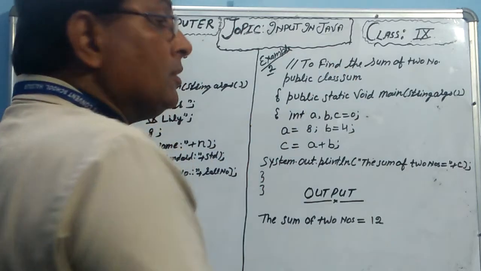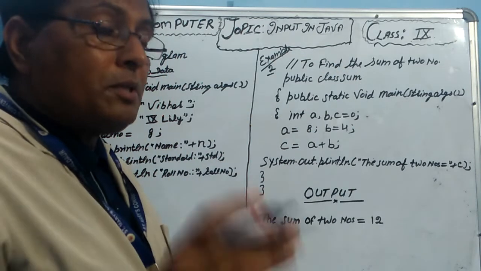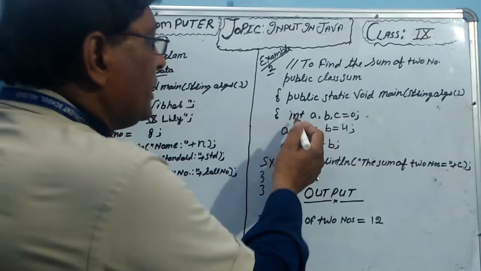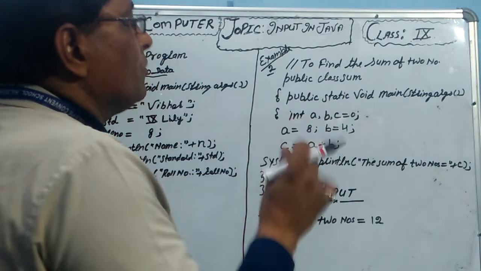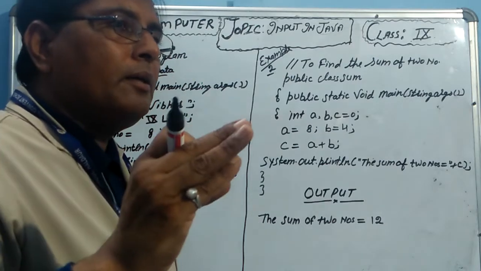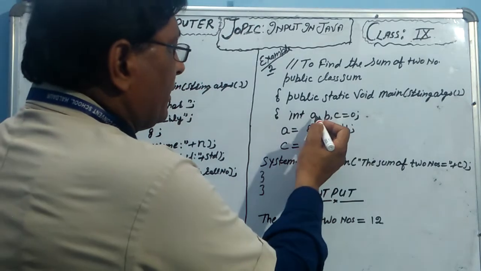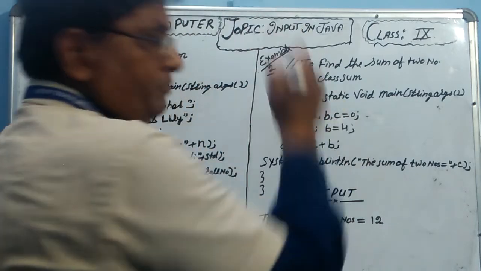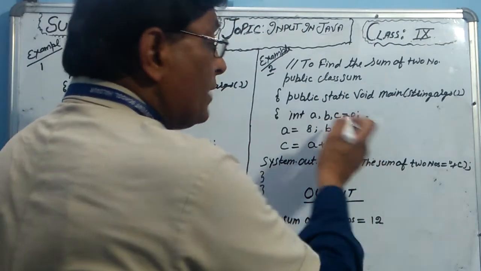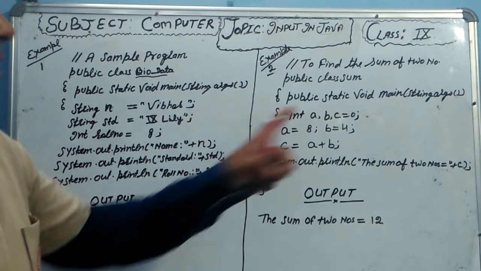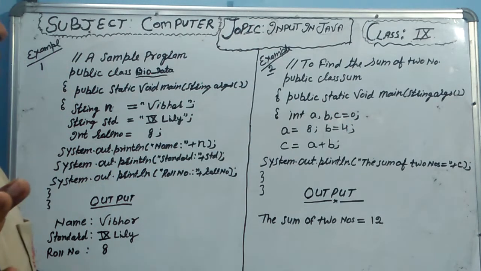Now our data is integer type, meaning there is no decimal digit. Suppose we have to add two numbers, then we need three variables a, b, c. So int a, int b and int c. The initialized value of c is 0 because we don't know what the answer will be.